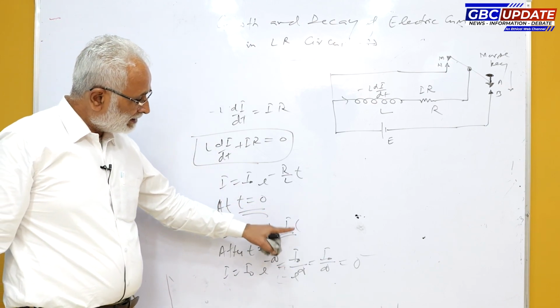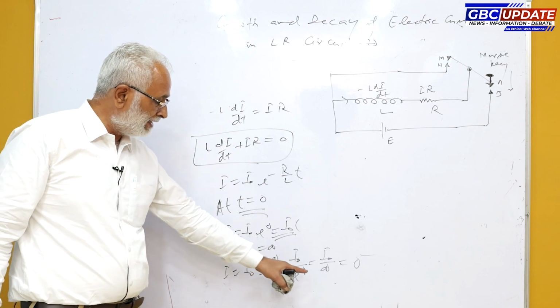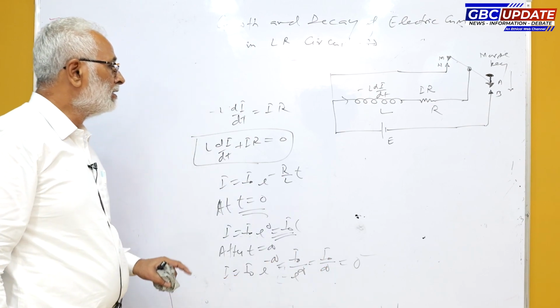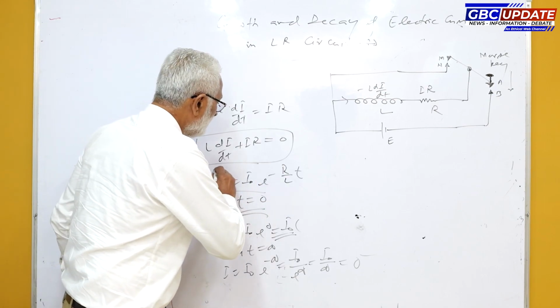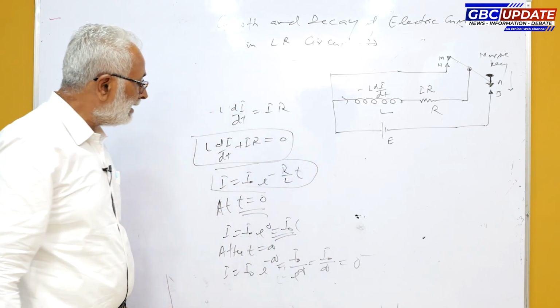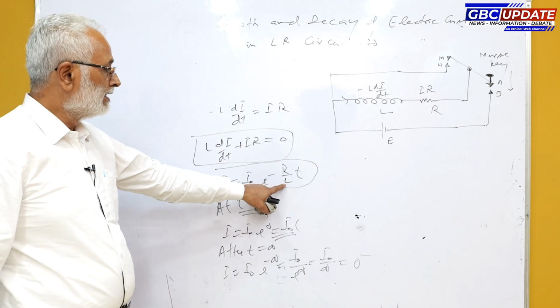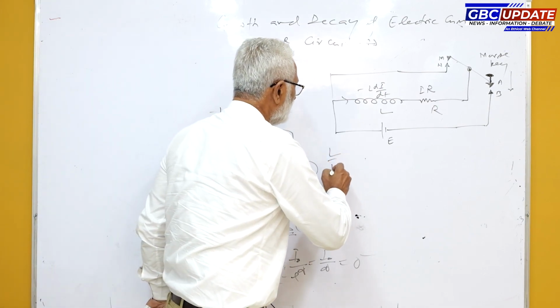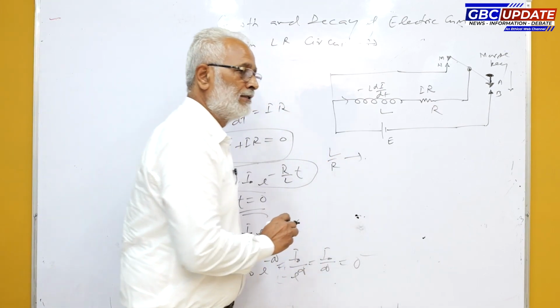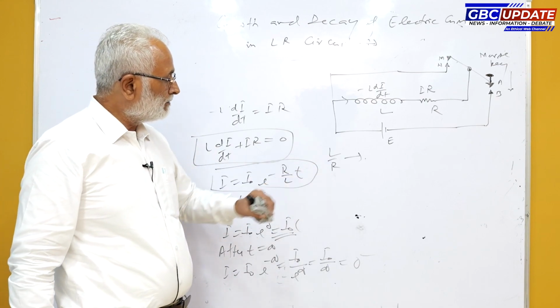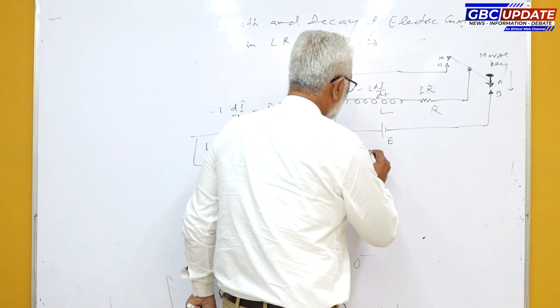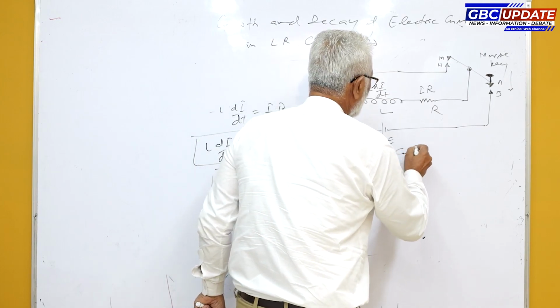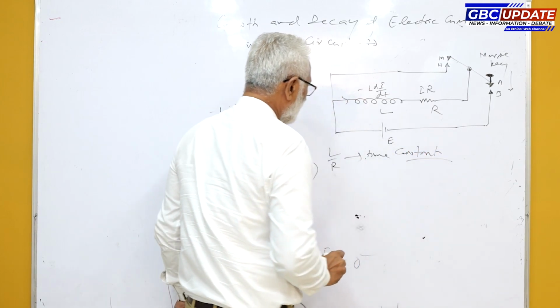Starting, in this case current is maximum and finally it will become equal to 0 after infinite time, and decay of the electric current in the LR circuit is again exponential, and the ratio L over R determines the rate of decay of the electric current. This ratio is again termed the time constant of the LR circuit.